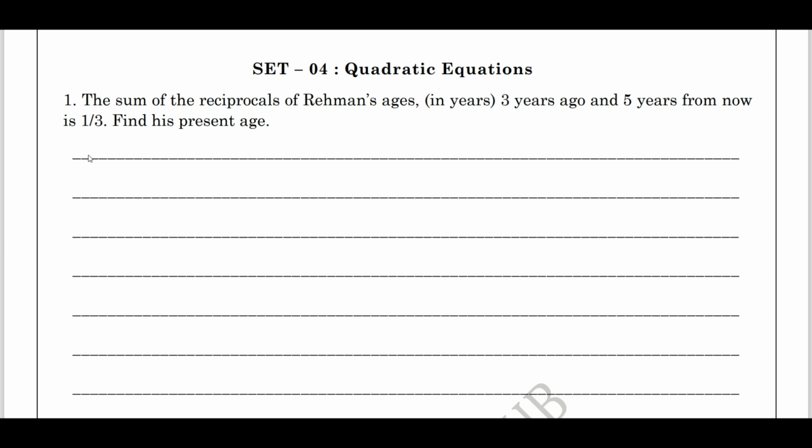Now always assume, when you're solving age related problems, assume the present age as x. Let the present age of Rahman be x.